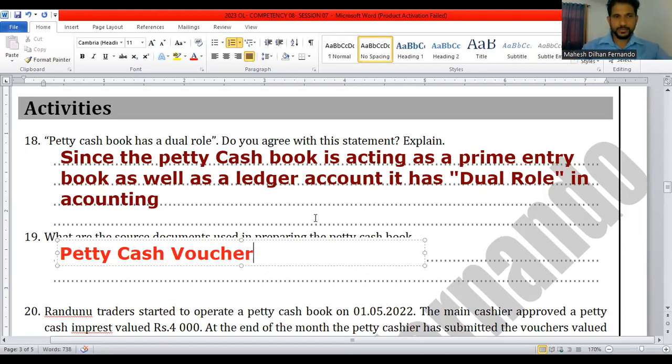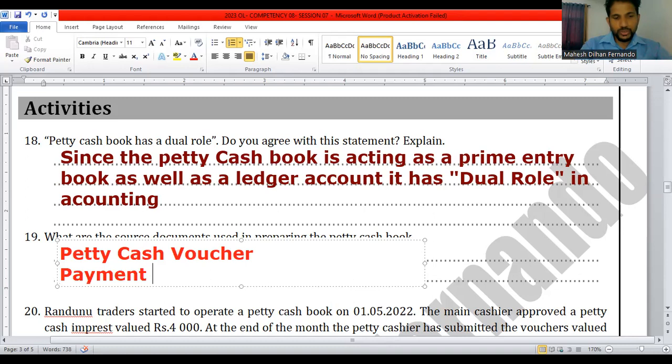Petty cash voucher. Then it is the main source document. Then, payment voucher is also used.